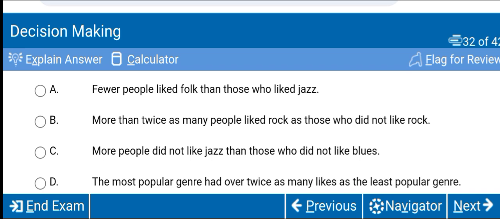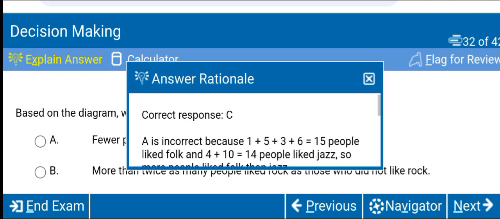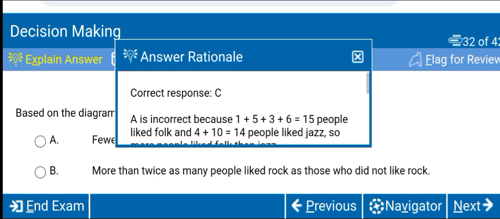Option C, more people did not like jazz than those who did not like blues. Option D, the most popular genre had over twice as many likes as the least popular genre. So let's see which option is the correct option and which one is not the correct one.